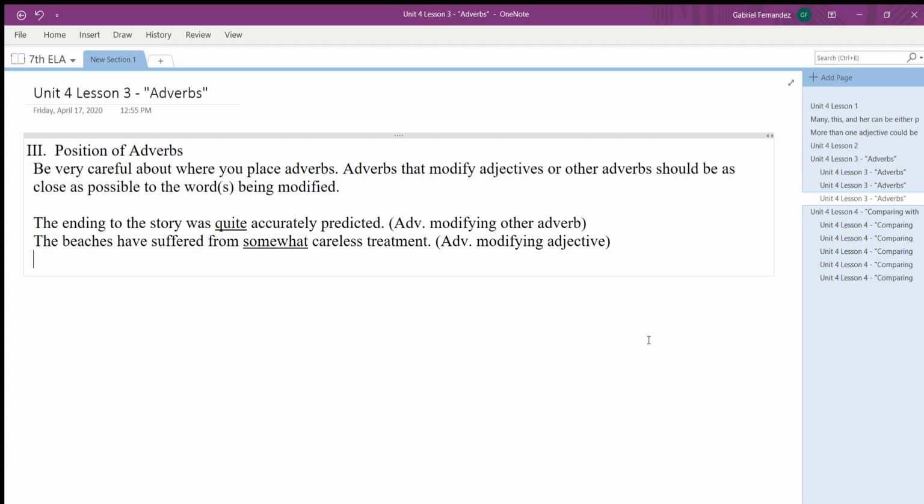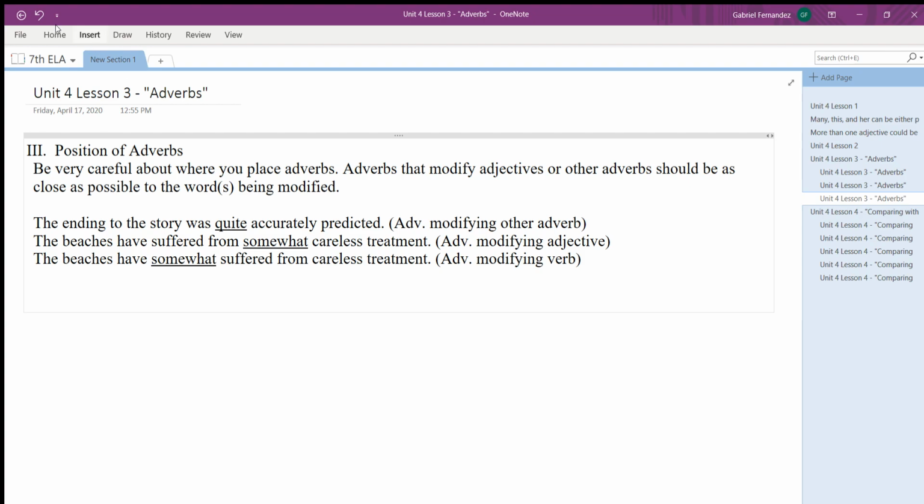But if we were to disobey this rule of being careful where we place adverbs, in the cases of modifying adjectives or other adverbs, we might be tempted to say something like, the beaches have somewhat suffered from careless treatment. Which, yes, is a sentence, just like the first one, same length, we're just moving the word somewhat, but it changes the meaning completely, because now we have an adverb modifying a verb.